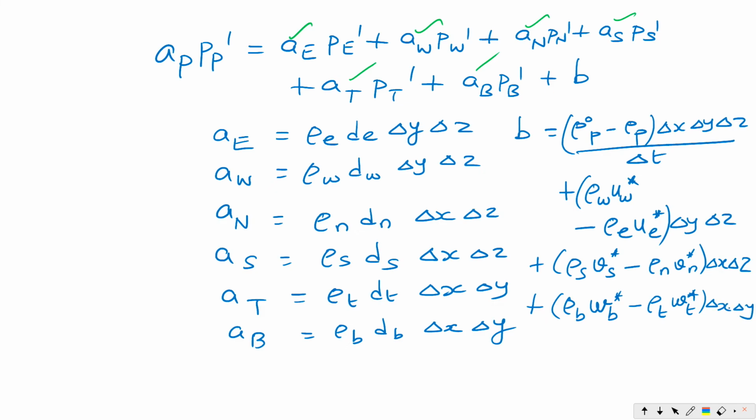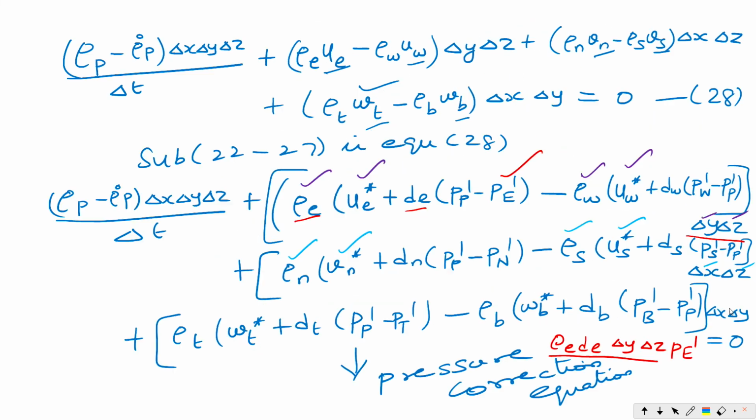So this is nothing but my b. If I go to the previous slide, I can show using the green color that I have made use of this rho t w t star into del y del z. As one term is positive and I am going to take it to the other side, it becomes negative, and minus rho b w b star, when it is negative and I take it to the other side, becomes positive.